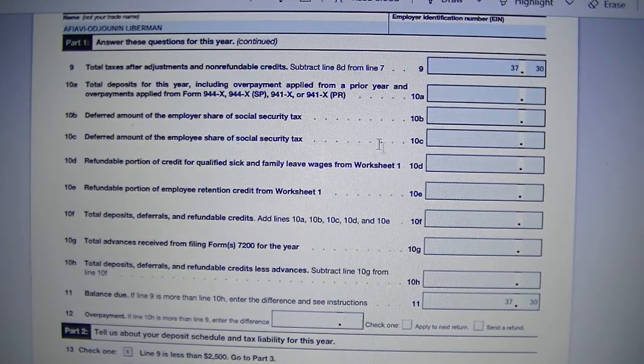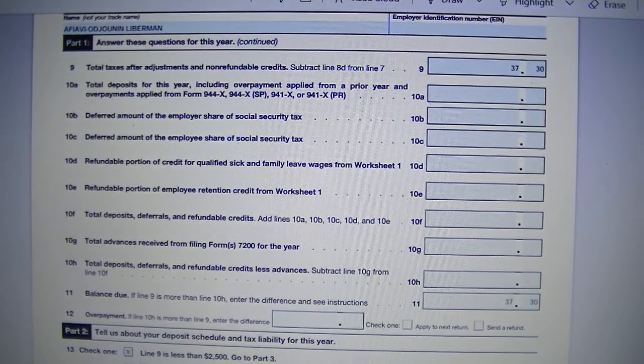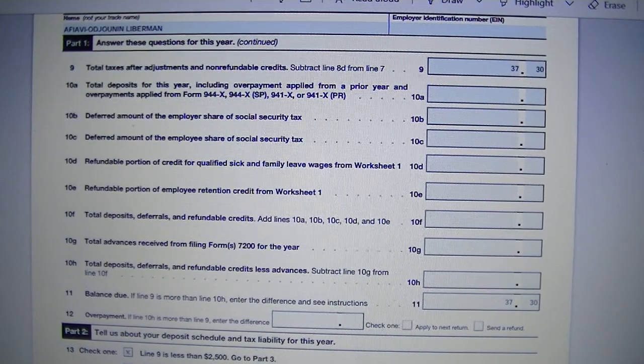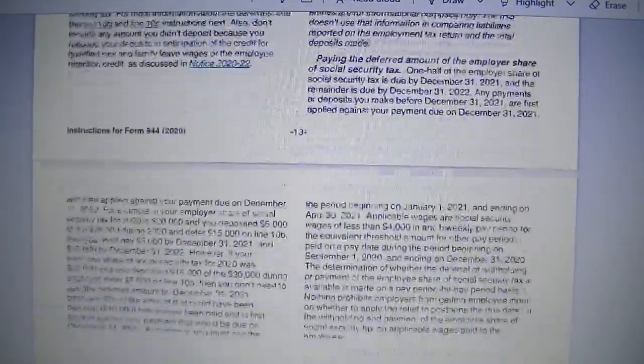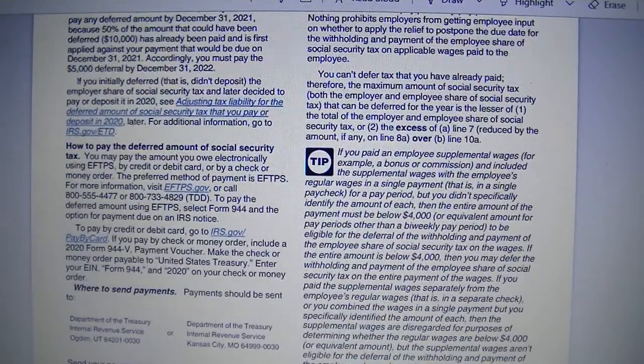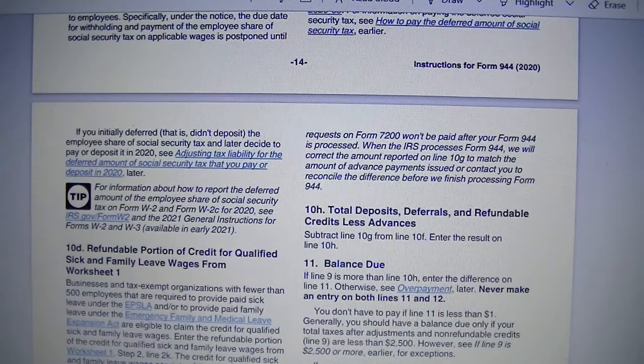So we addressed that in a previous video, and there is a worksheet at the end of the instruction, and that helps you calculate the credits if you are taking those credits to calculate the non-refundable portion and the refundable portion as well.